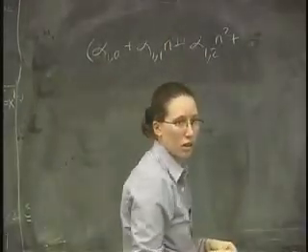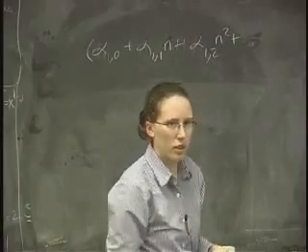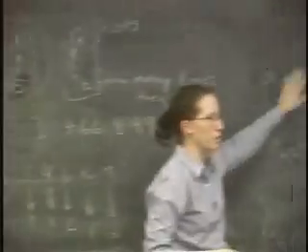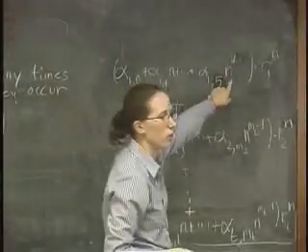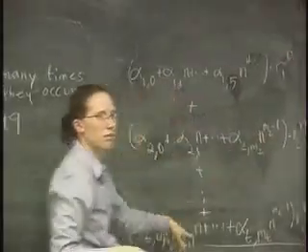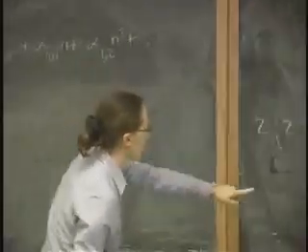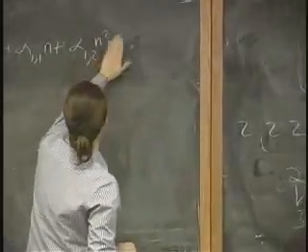You can abbreviate all of these polynomials: this has to be a polynomial of degree 4, this a polynomial of degree multiplicity minus 1, et cetera. Here I'm supposed to go up to multiplicity 3, so this was enough.